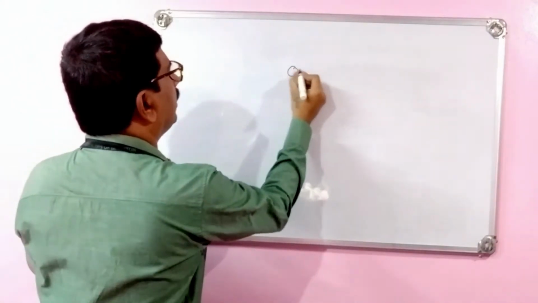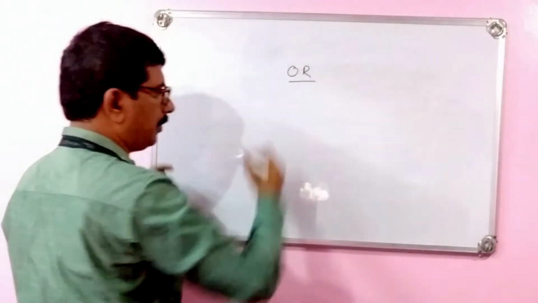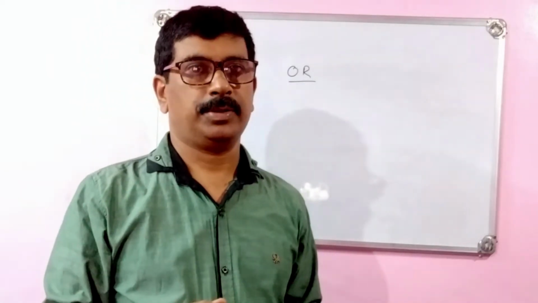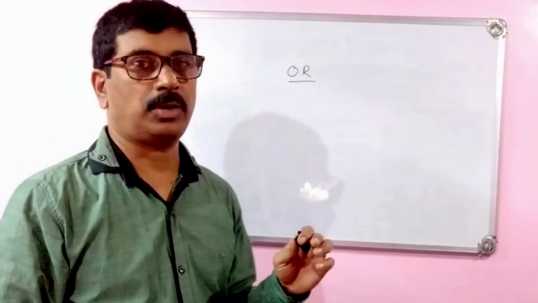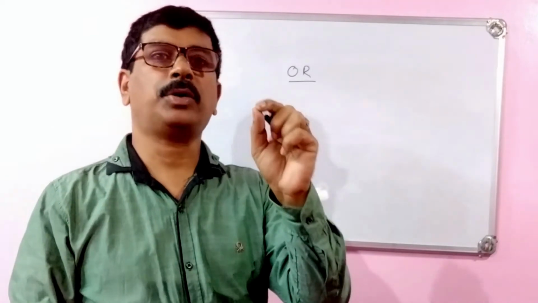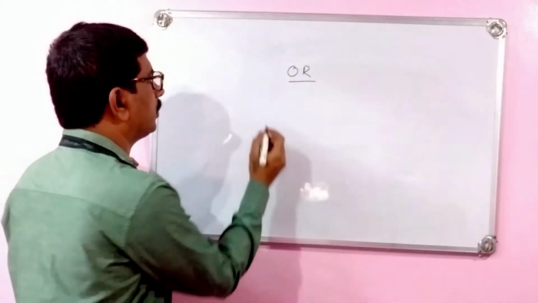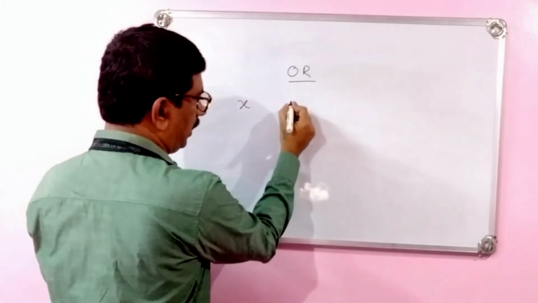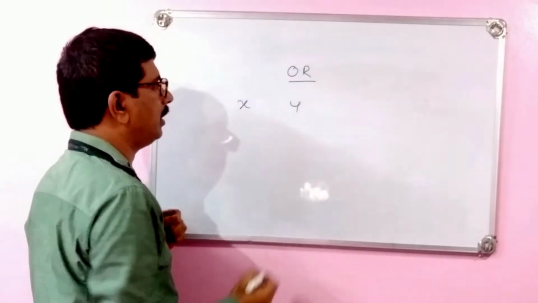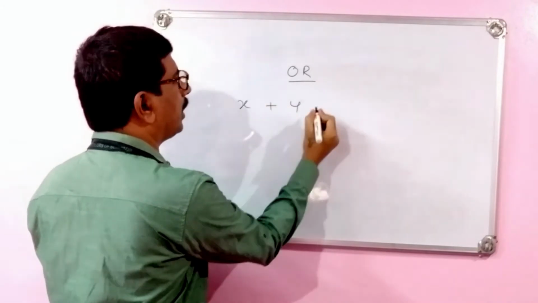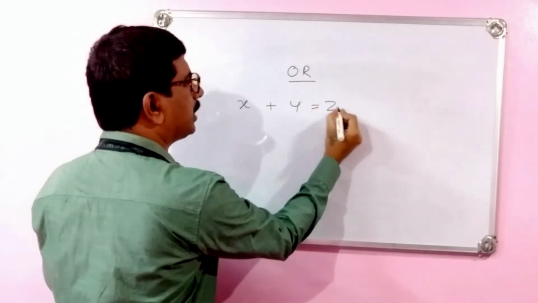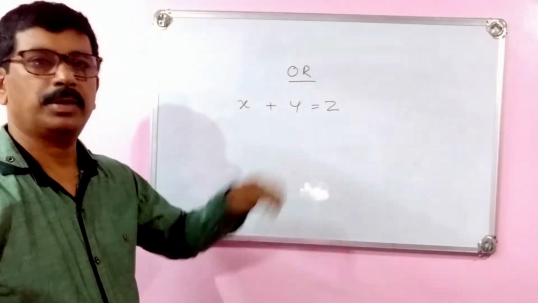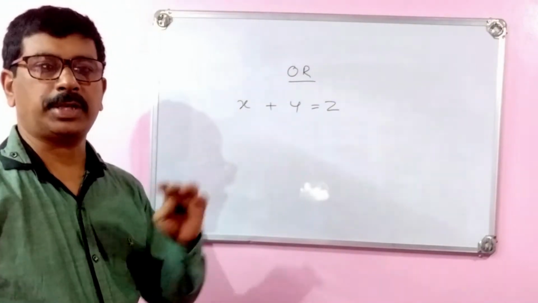OR operator works on 2 operands. This is another logical operator, but it works on 2 operands. So OR, maybe if I take x and another operand as y, x plus y is equal to z.